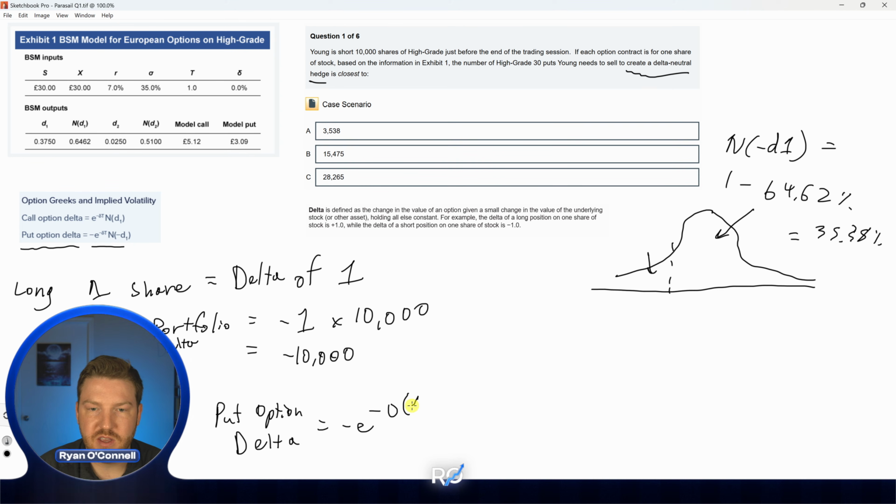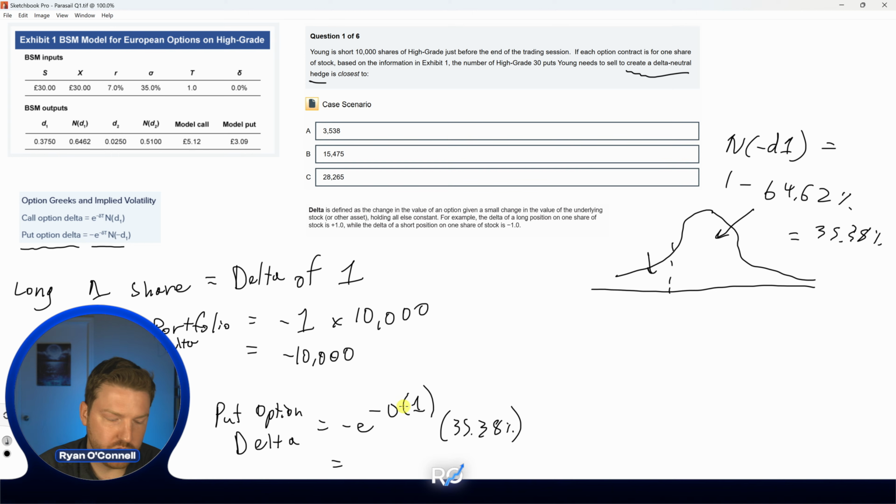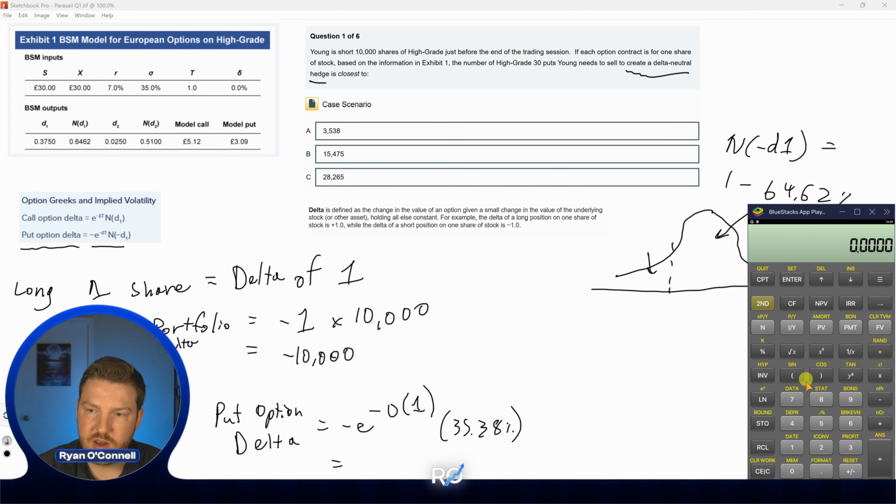So that's going to be a value of 1 right there, and then we multiply it by this value of 35.38%. If you put anything to the value of e to 0, it's just going to become 1. And I'll show you how we can see that on the financial calculator.